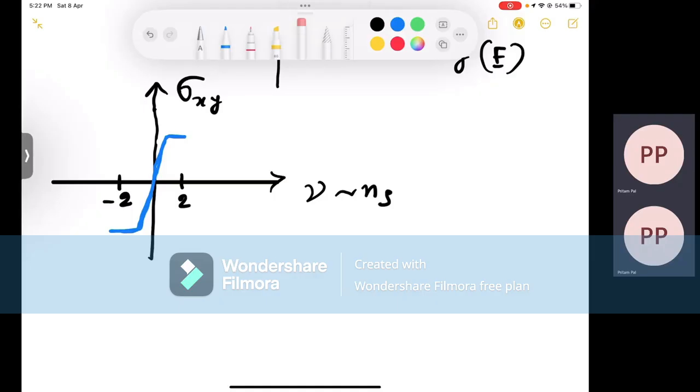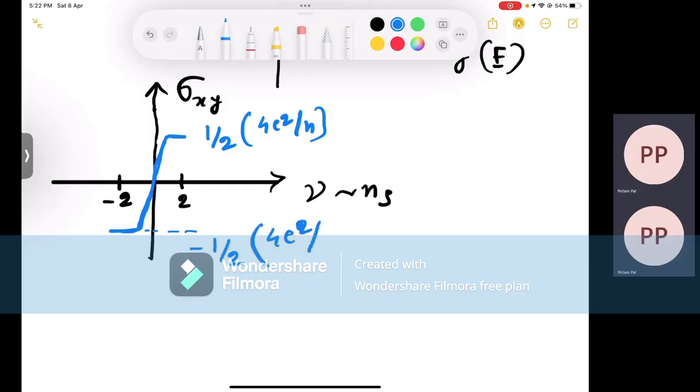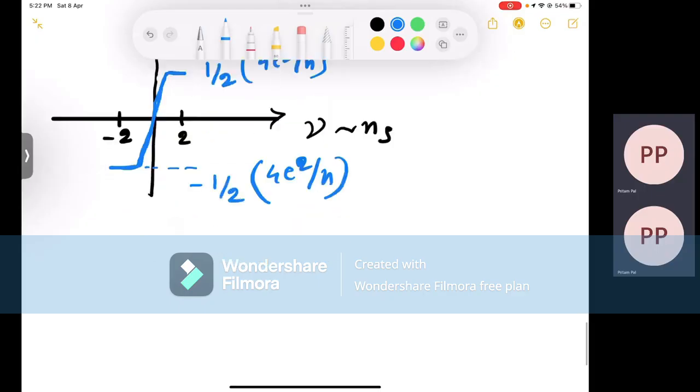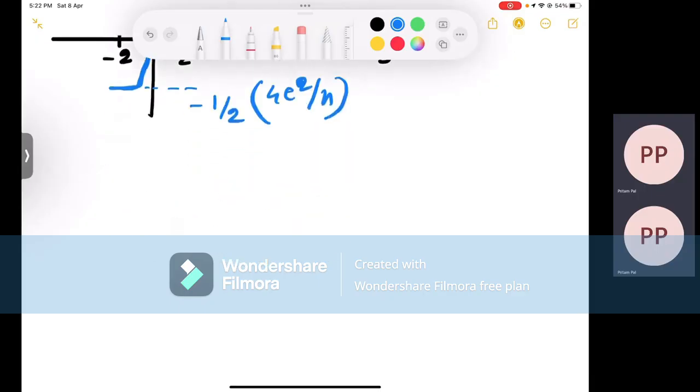Yeah, so these plateaus will be like this, this is 1/2. Then the next level, right?